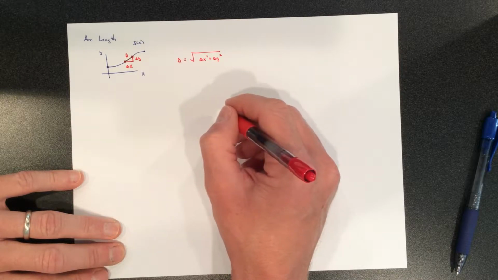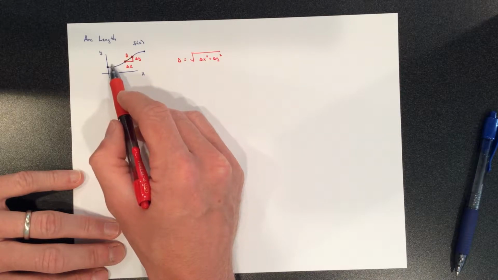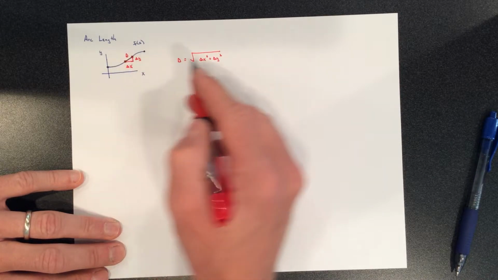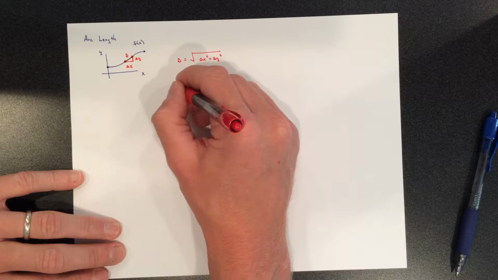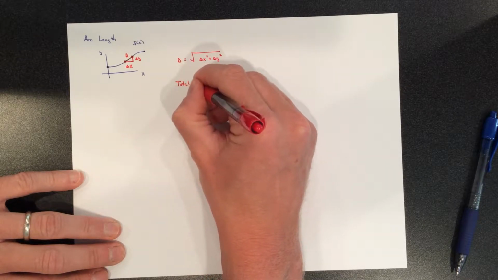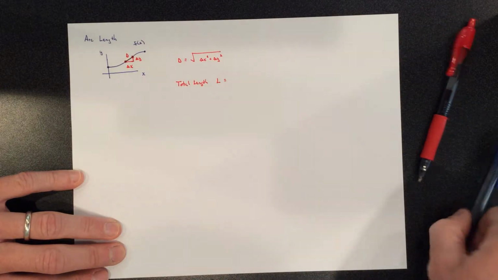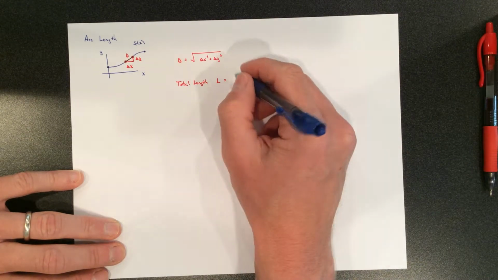Well, what is then the total length of this? Well, what if you broke this up into an infinite number of these things? Well, how would you find the total length? So the total length of this guy, which we'll call L, and again, we'll go algebra first, and then I'll change it to calculus at the end.